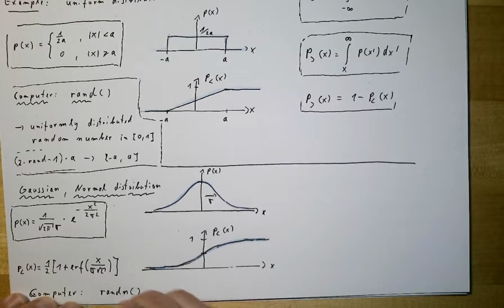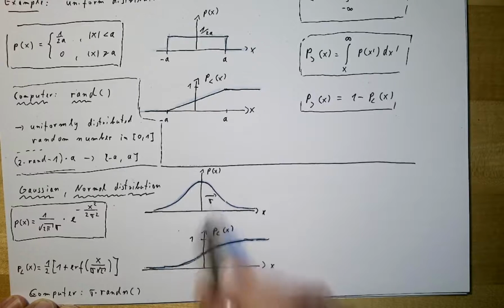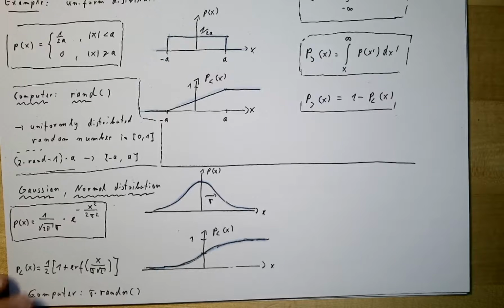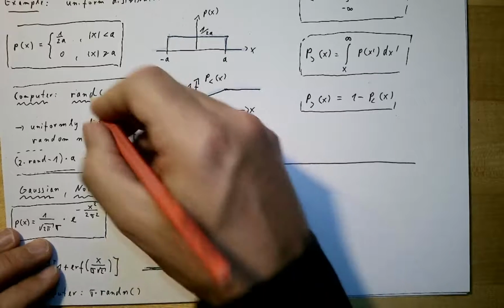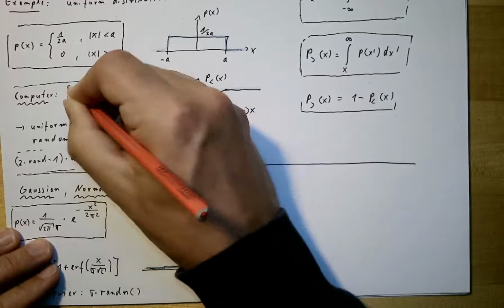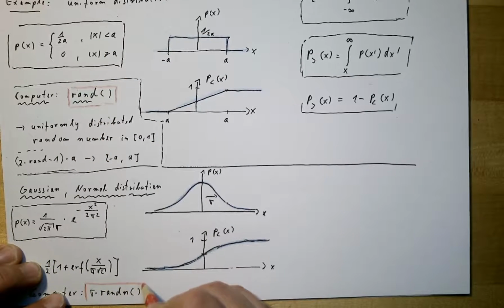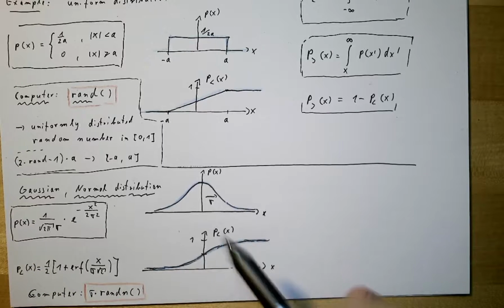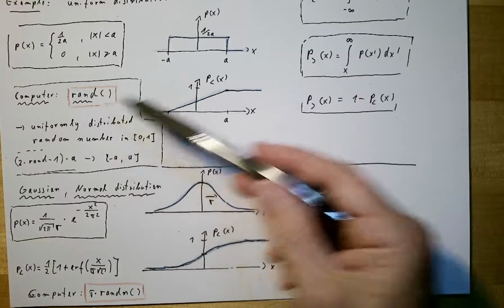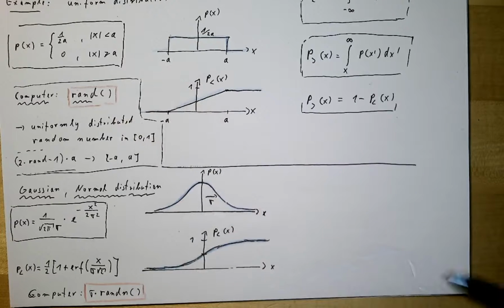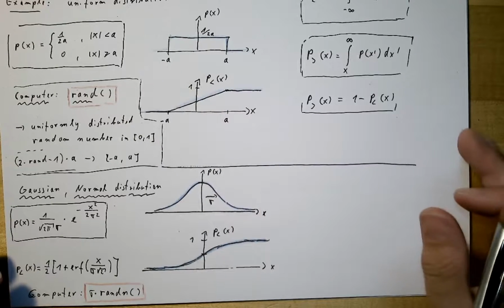But for example, if you multiply this by sigma, then you get a random number which has a width or standard deviation sigma. So with these functions, you're able to generate Gaussian distributed numbers in the computer.